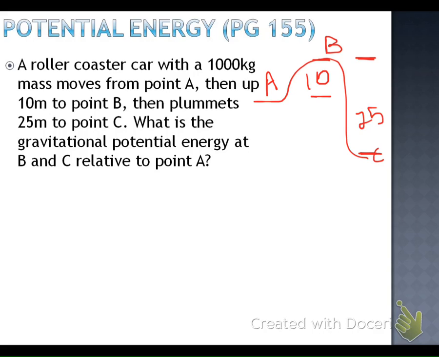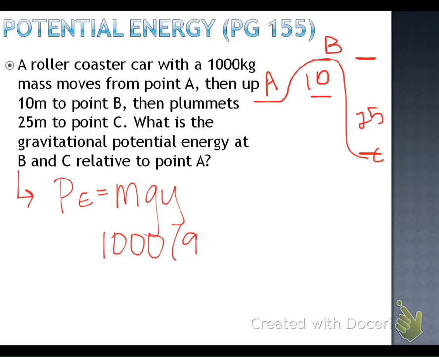So we'll start with point B here. Potential energy is equal to what? What's our equation for potential energy? mgy. So we need to take our mass, which is 1,000, times gravity, which is 9.8, times our height.